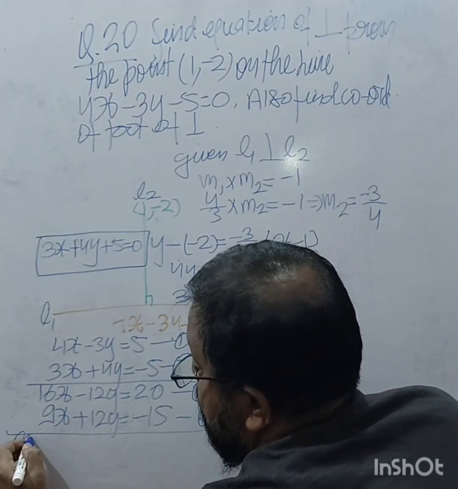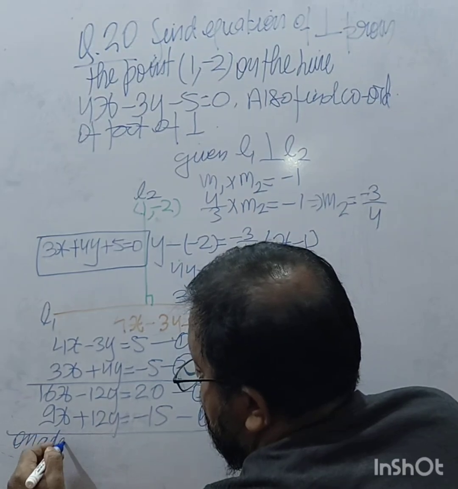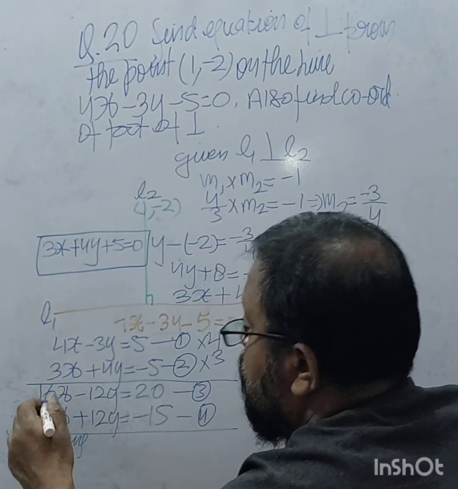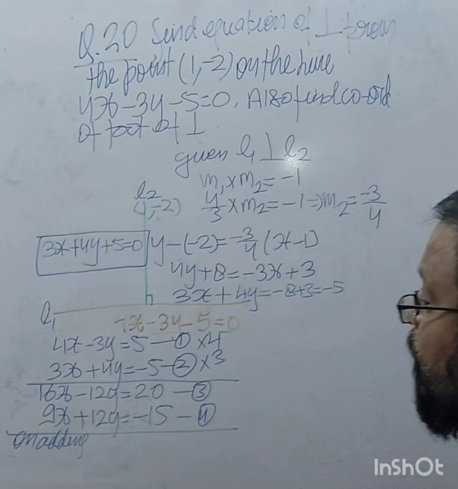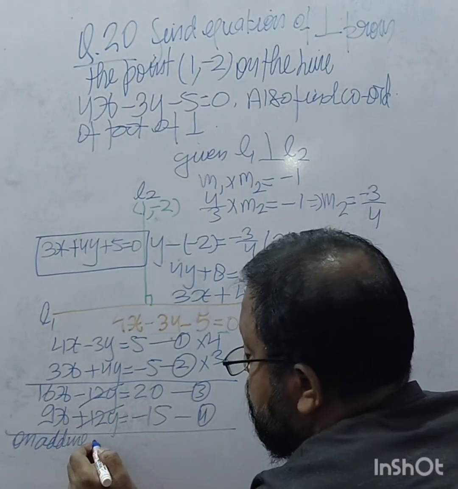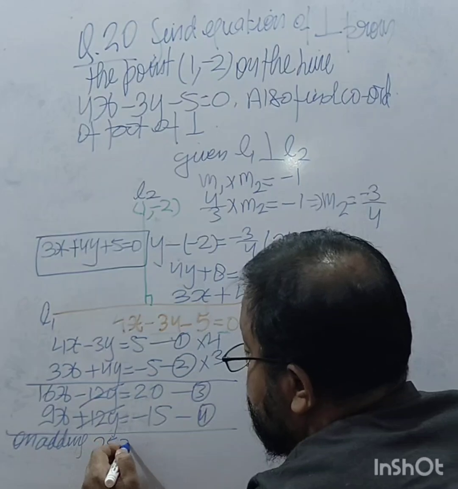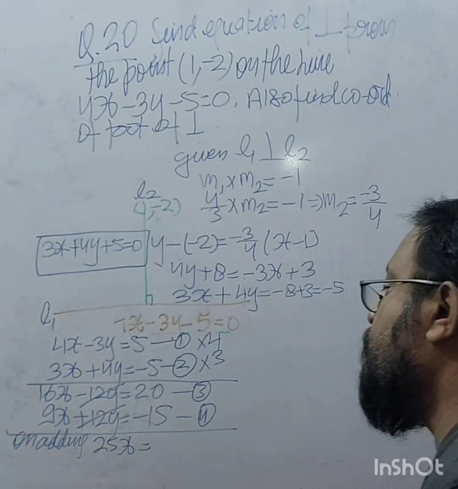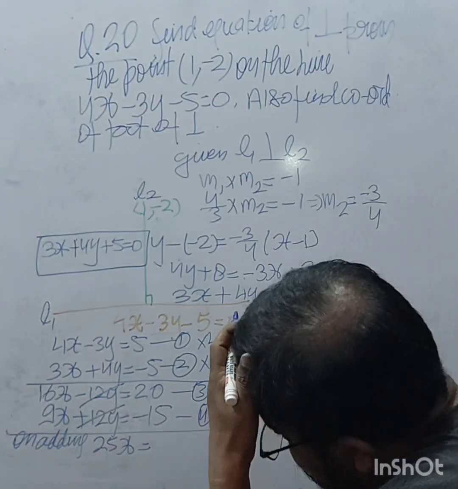On adding, what happens? The plus 12y and minus 12y cancel out. 25x is equal to 5.